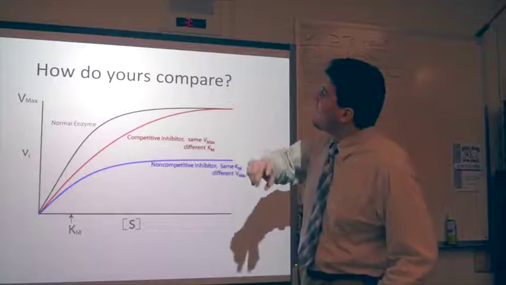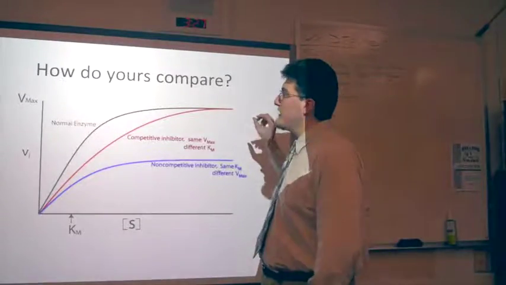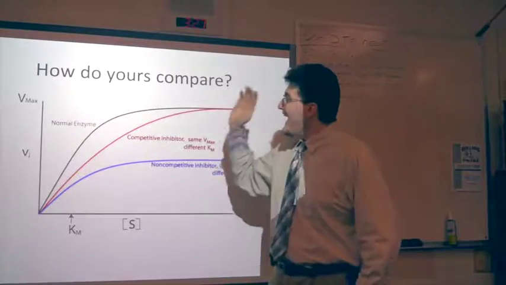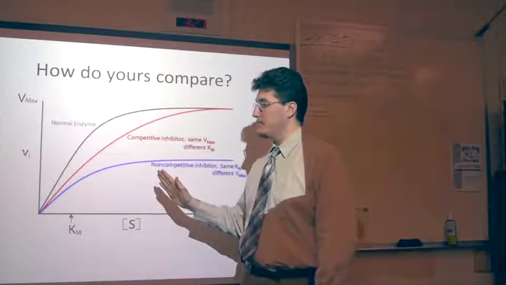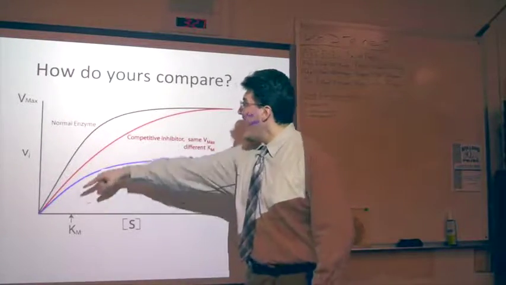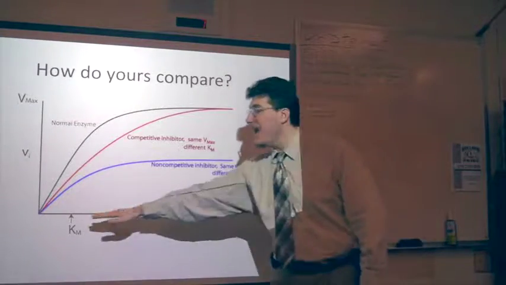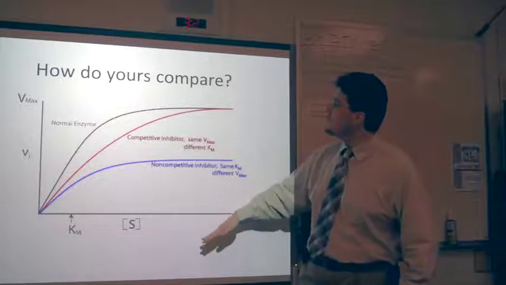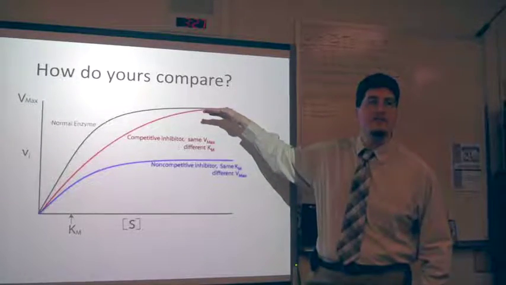So, a normal enzyme Michaelis-Menten plot is this black line. A competitive inhibitor has the same Vmax as substrate concentration increases. You can reach Vmax.